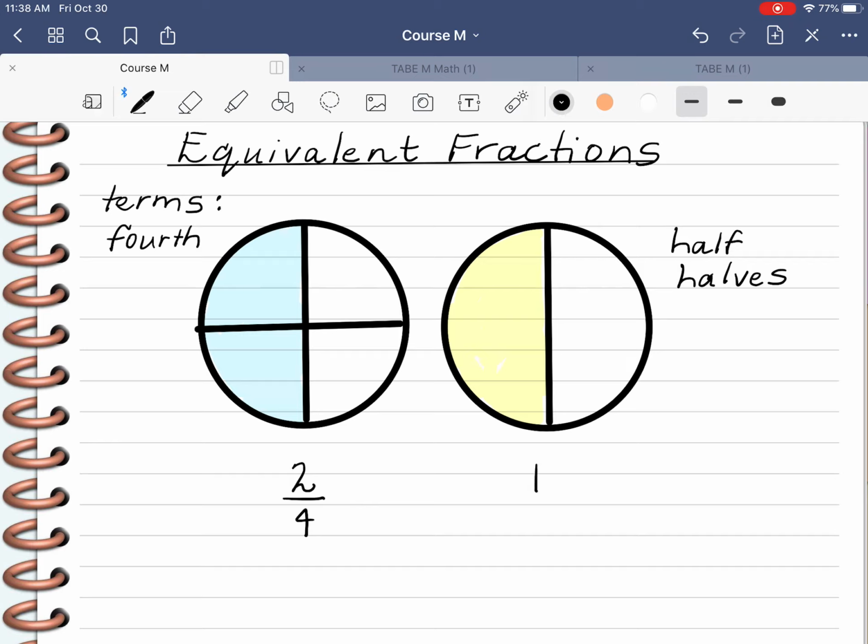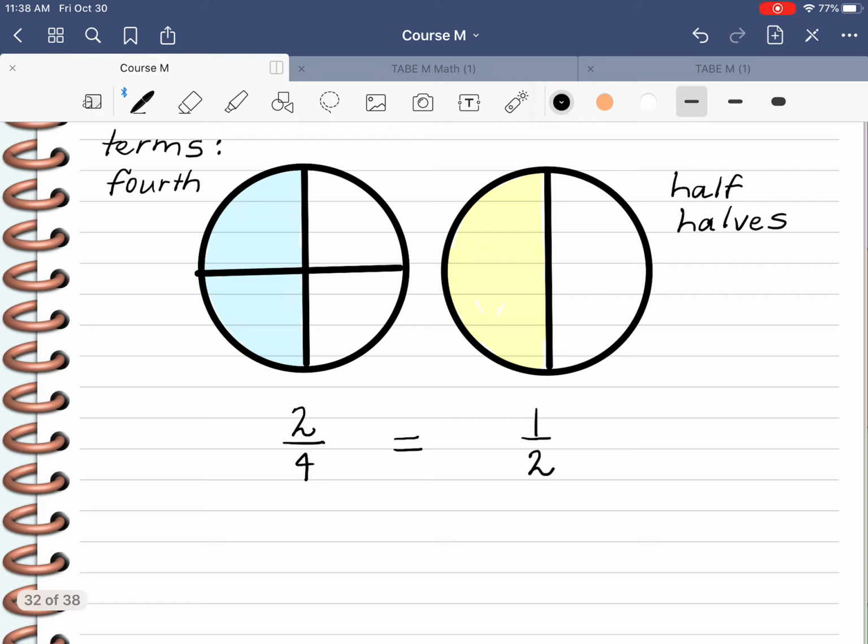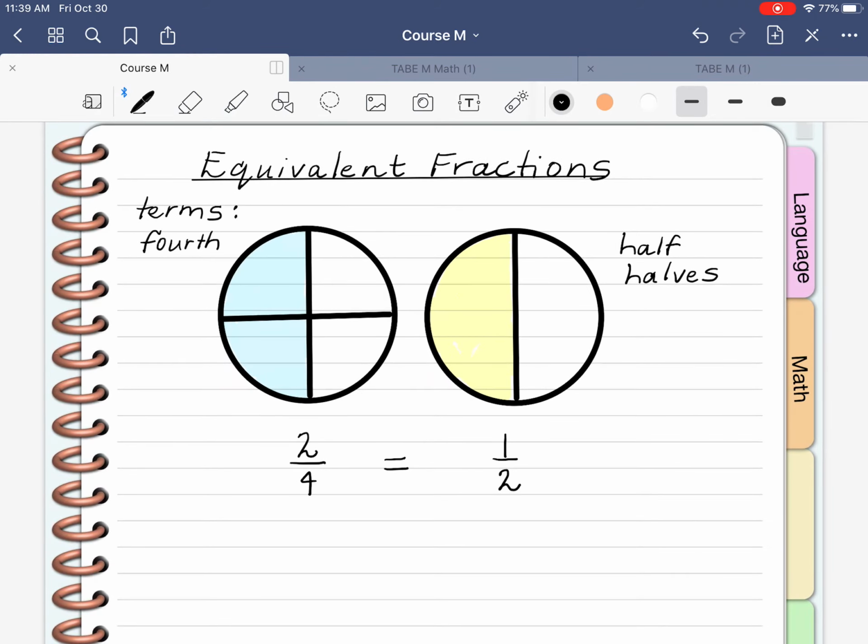In this one, 1/2 is shaded. And we can visually see that those are equivalent fractions. That 2/4 is exactly the same amount as 1/2. So that's the concept that we're dealing with here. The two are the same.